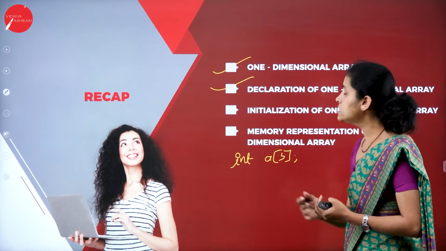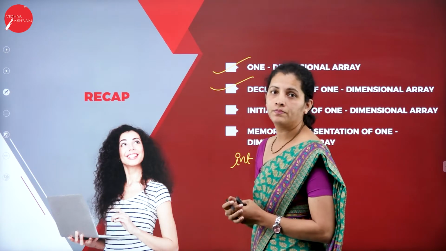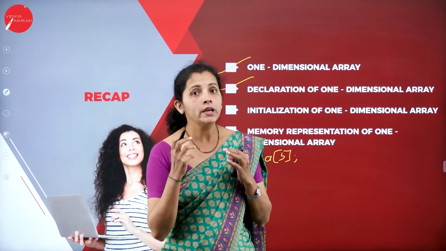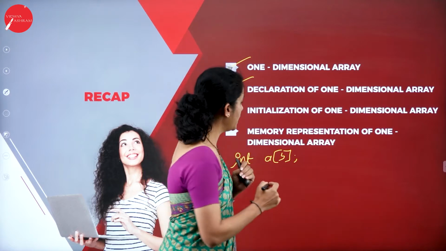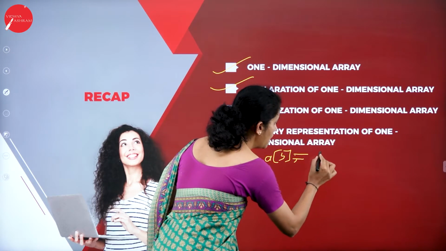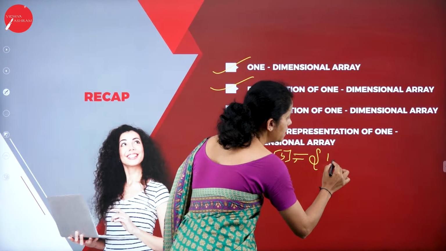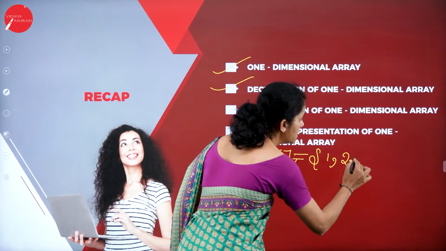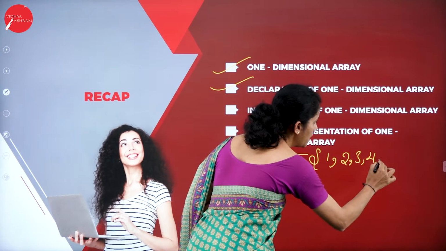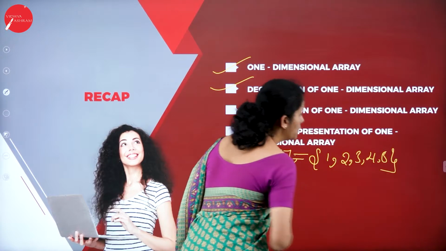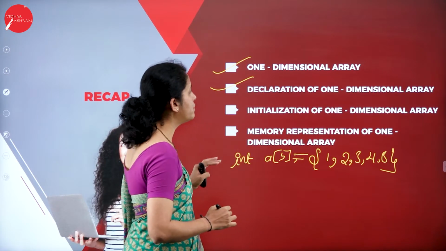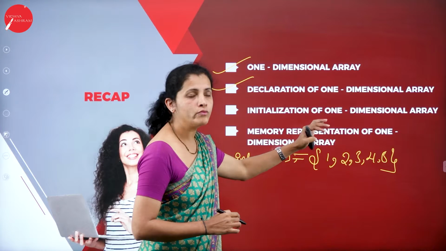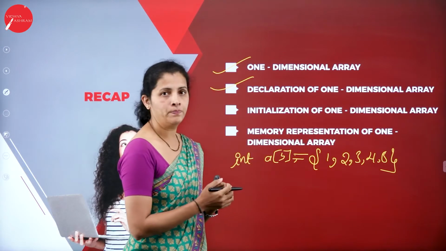Then what is array initialization? I can initialize the array. How can I? Here I'm directly going to write the values. That means directly I'm going to assign the values, and this is the example for initialization of a one-dimensional array.